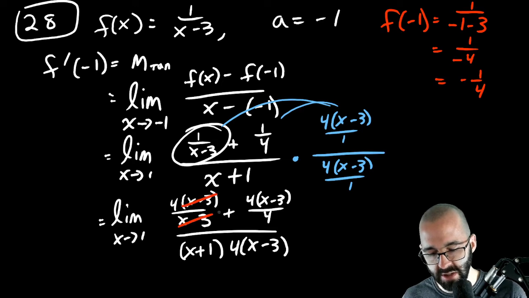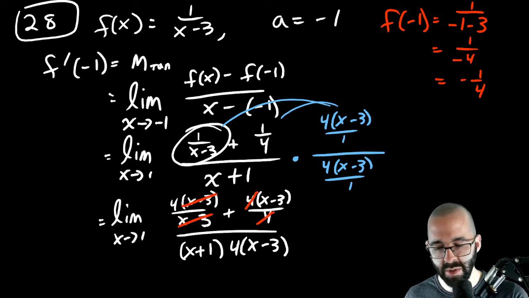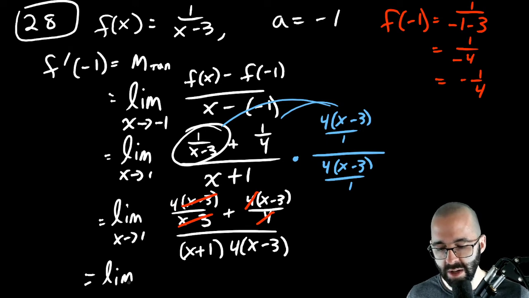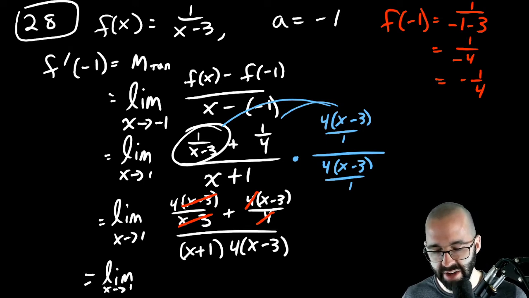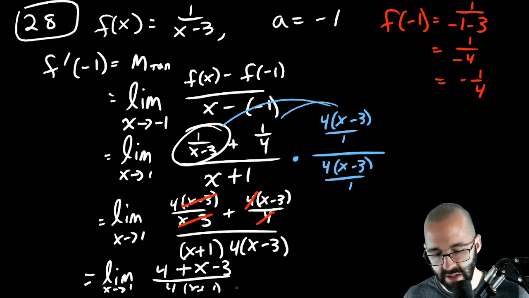And we get some cancellation. There should always be cancellation when we simplify complex fractions. We should always get rid of the little fractions when we simplify complex fractions. Just left with 4 plus x minus 3. On the bottom is 4 times x plus 1 times x minus 3.